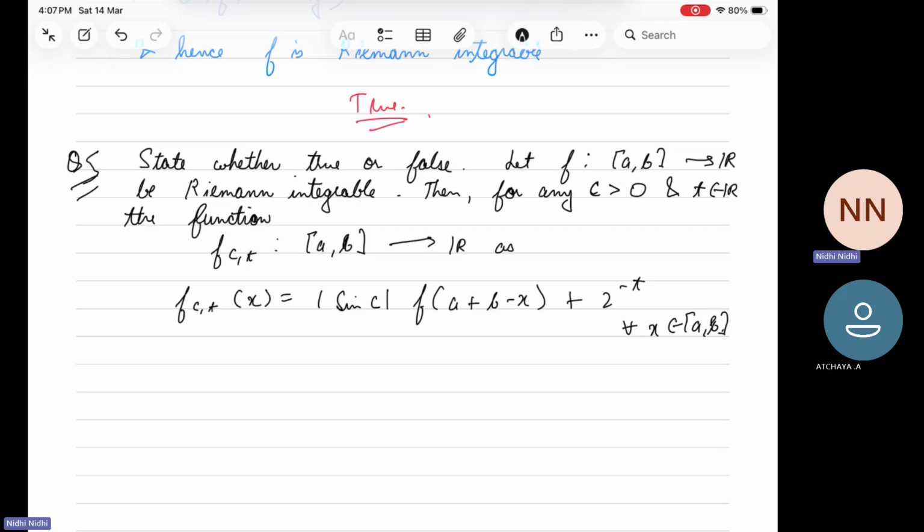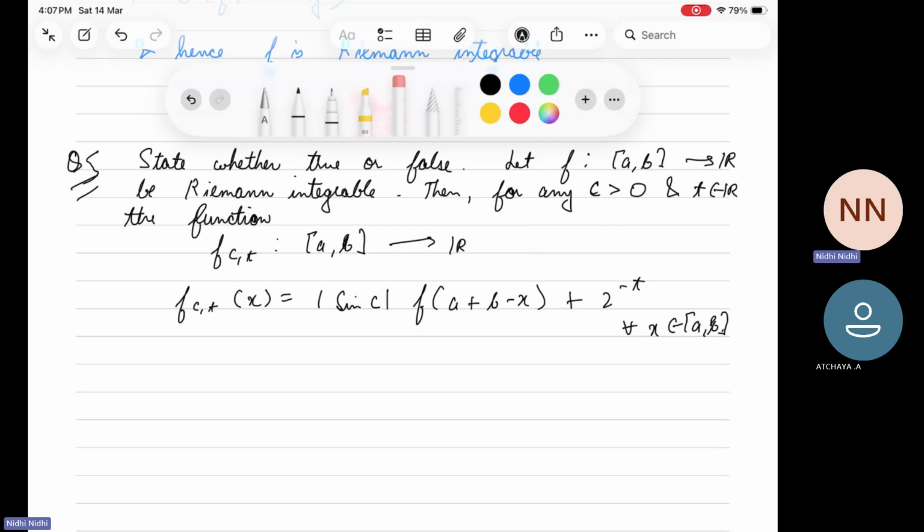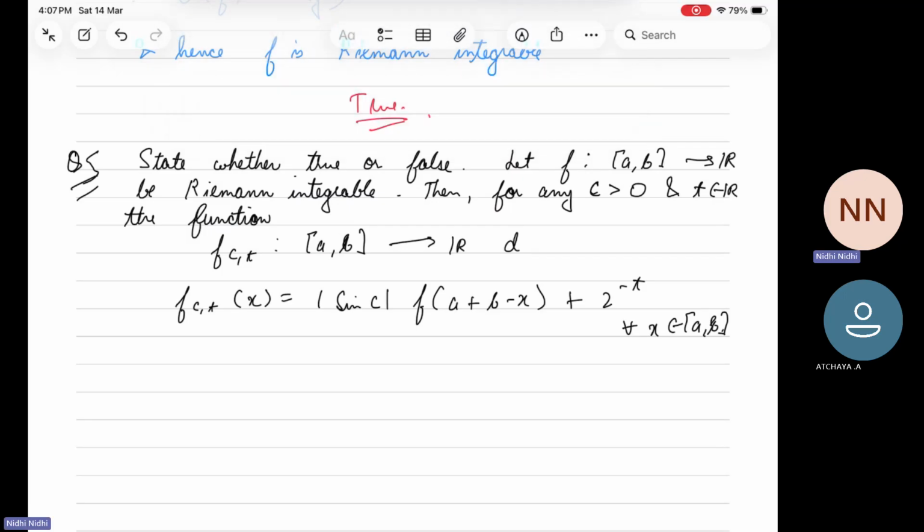Then they're saying that this function is Riemann integrable.